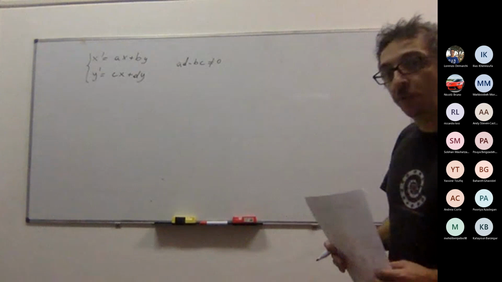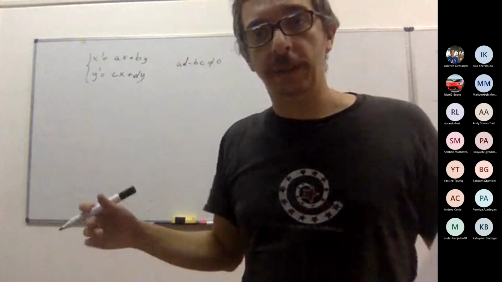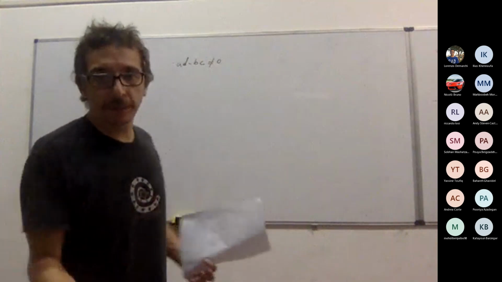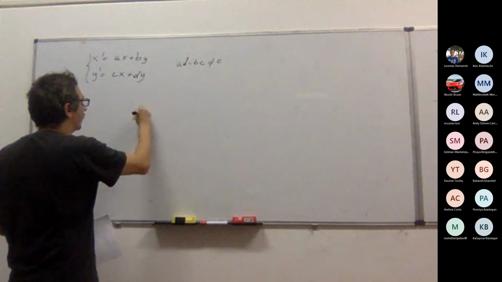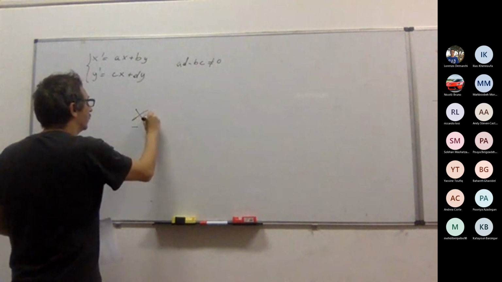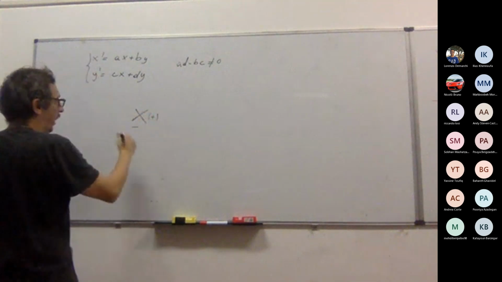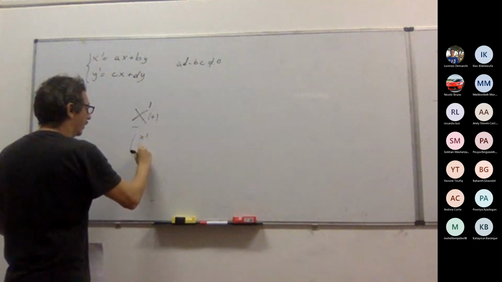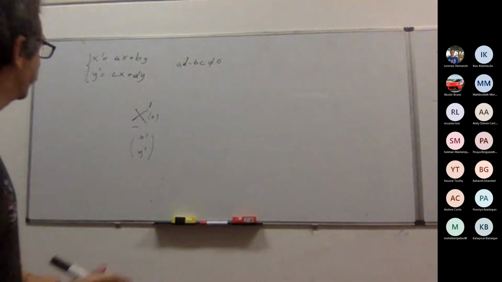Now, what I can do is to write this system in some vector notation, matrix notation. Let me define some vector x of t, which is basically given by x and y. So the vector x prime of t is some vector whose components are x prime and y prime.